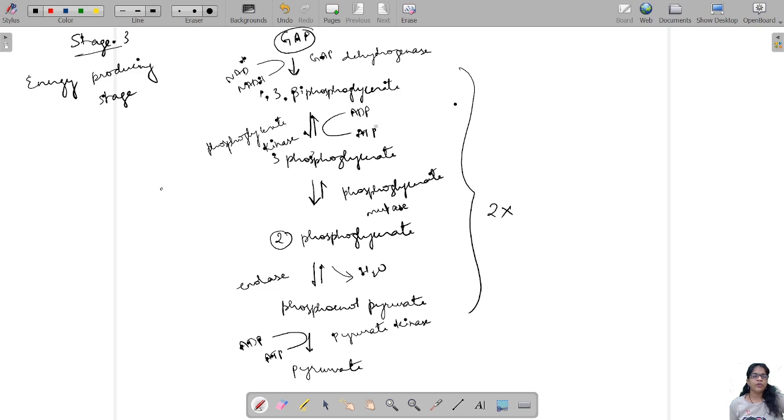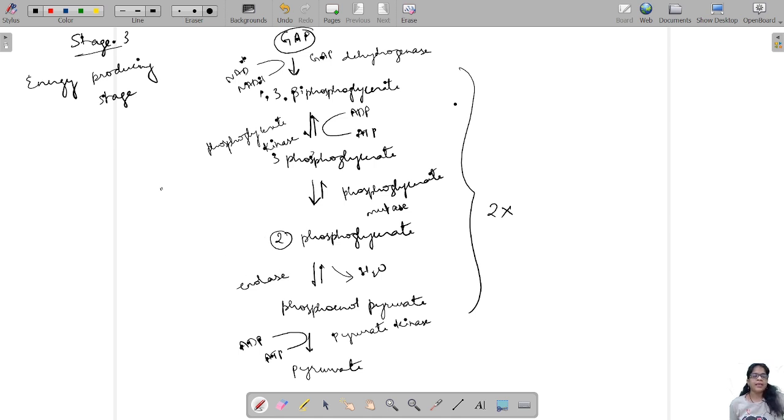Here we already got 1 ATP molecule generated, and 3-phosphoglycerate is again converted into 2-phosphoglycerate, which is a reversible reaction catalyzed by the enzyme phosphoglycerate mutase. Now this 2-phosphoglycerate gets converted into phosphoenolpyruvate with the release of a water molecule, and this is catalyzed by the enzyme called enolase.